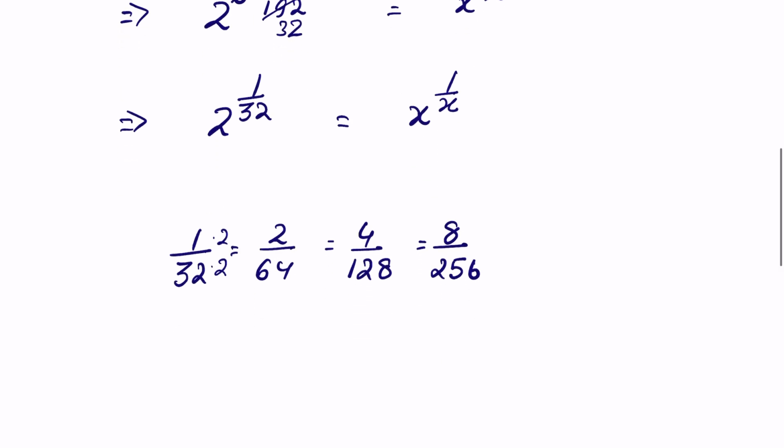So instead of 1 upon 32, we can write 2 raised to the power of 8 upon 256 is equal to x raised to the power of 1 upon x.